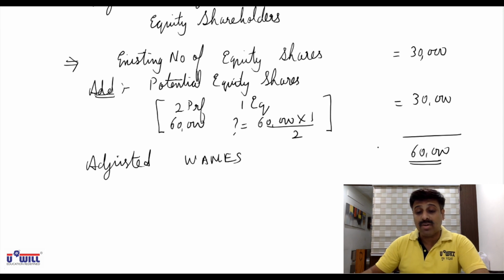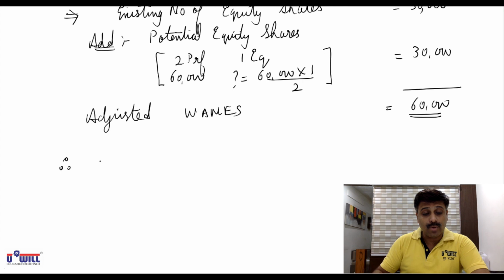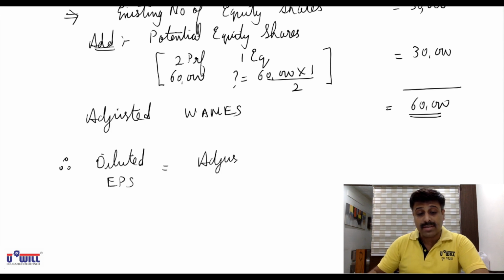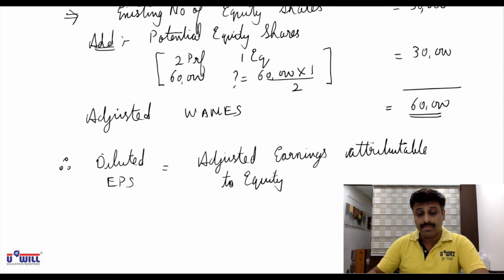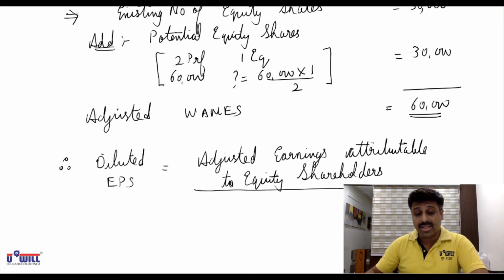Now we apply the formula of diluted EPS. Therefore, diluted EPS is equal to adjusted earnings attributable to equity shareholders divided by adjusted weights, that is weighted average number of equity shares.